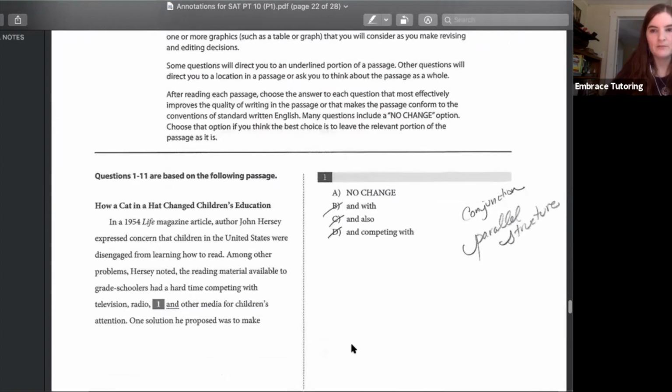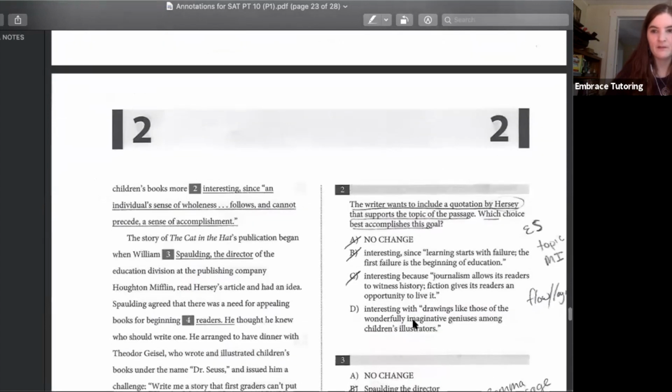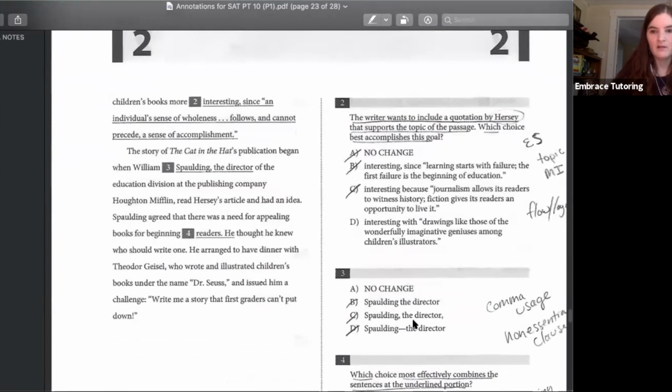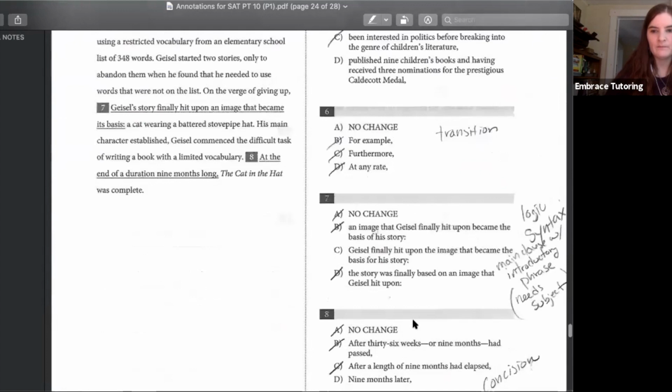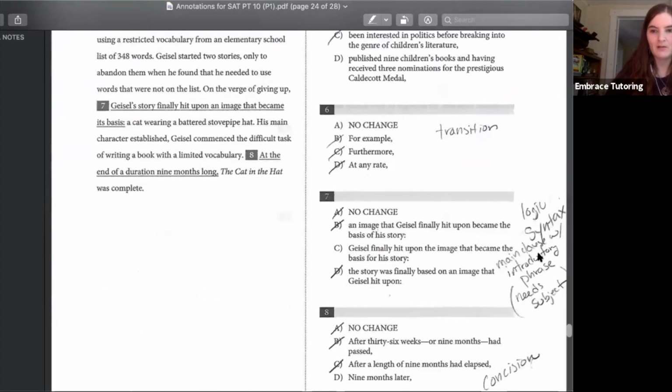Parallel structure. Everyone know what that means? Conjunction. Yeah, okay. Non-essential clause, combining sentences, concision, logic, syntax, main clause with introductory phrase. It needs a subject, because remember, a lot of the time they're going to be looking for something related to that: does it have a subject?